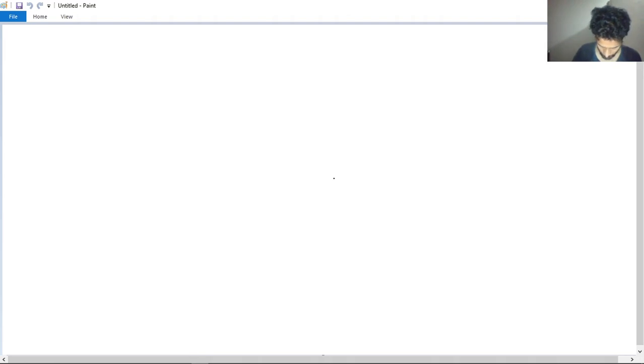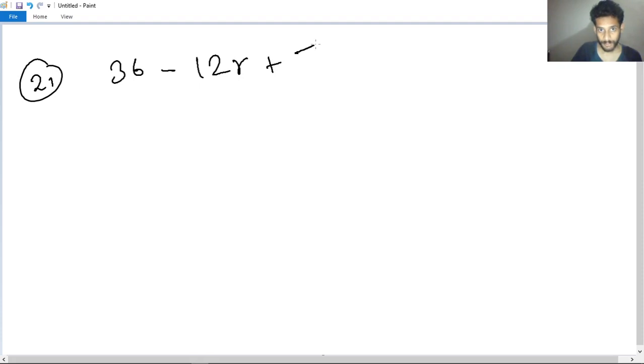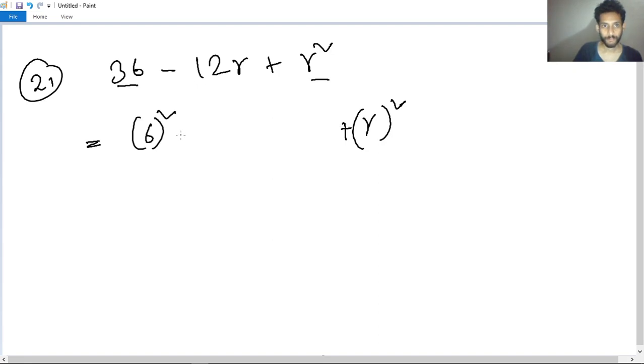Then the third part, 21. 21 is 36 minus 12r plus r square. So here, first of all, 36 can be broken down to 6 square, so the middle part should be twice into 6 into r.